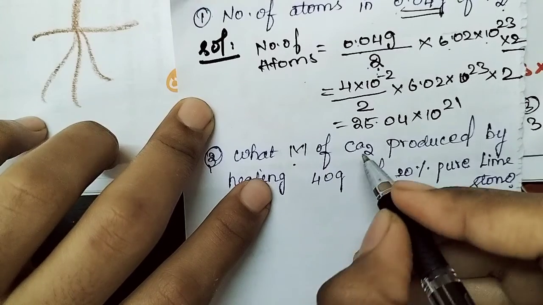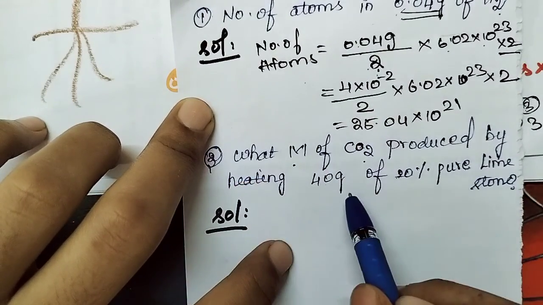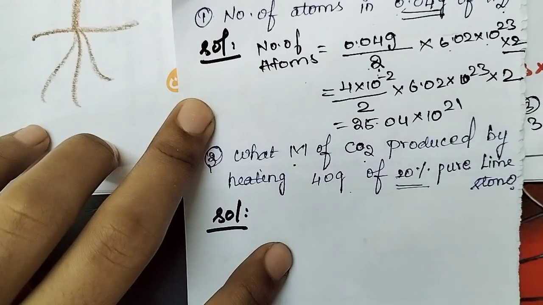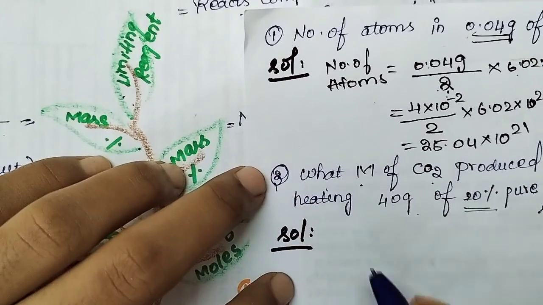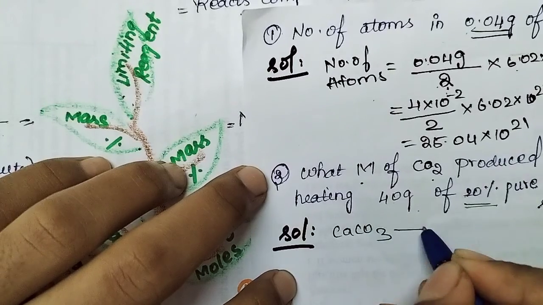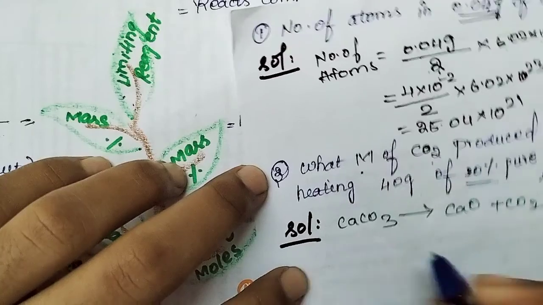What mass of carbon dioxide is produced by heating 40 gram of 20% pure limestone? This is how the sums will be asked for limiting reagent. Limestone is calcium carbonate, which decomposes to give calcium oxide plus carbon dioxide.